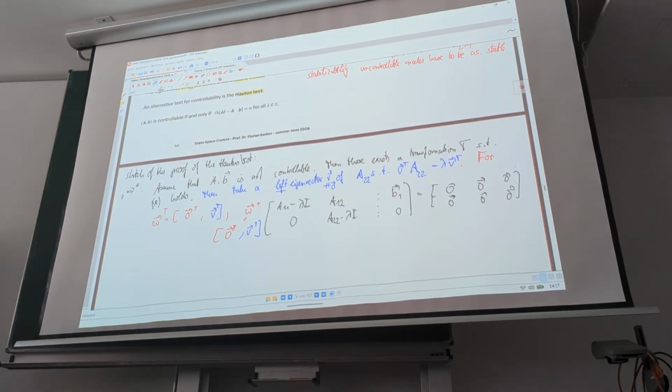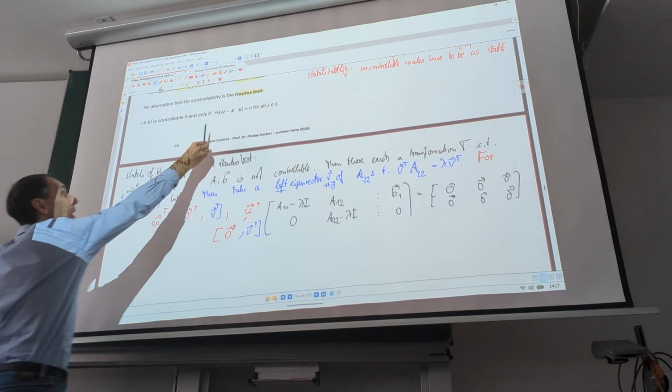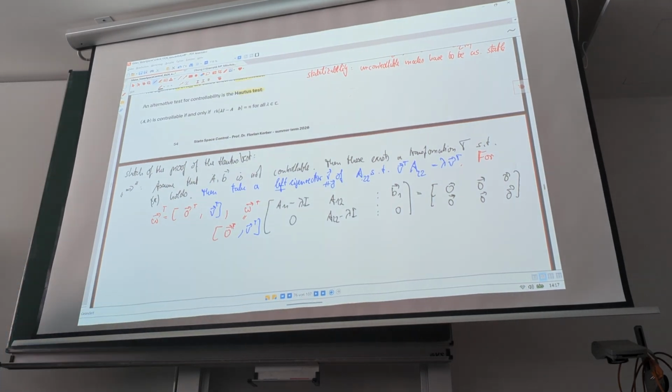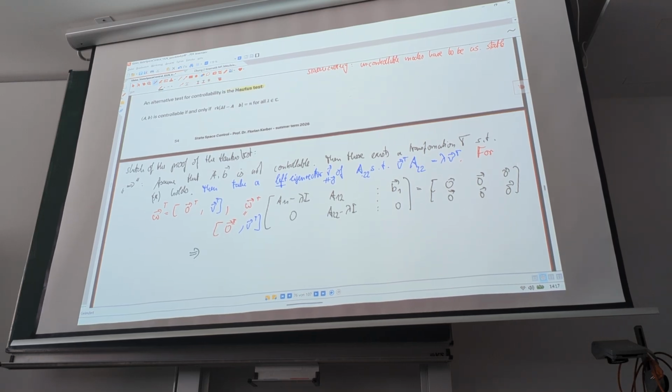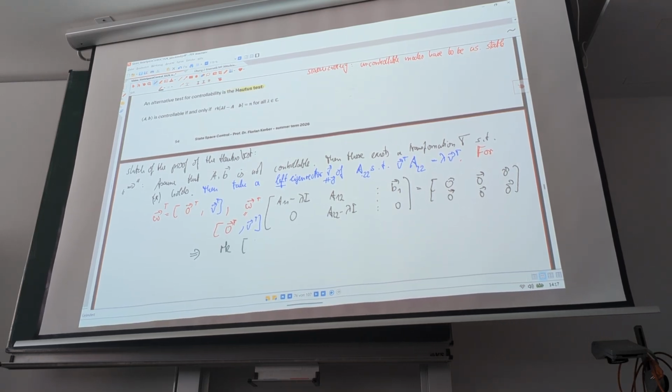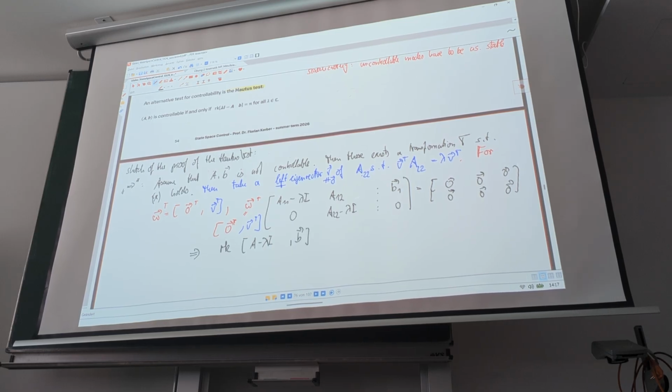If I multiply it, this becomes 0. This vector is not a 0 vector, and therefore the rank of this cannot be full. So from this follows that the rank of [A minus lambda I, B] must be less than n.